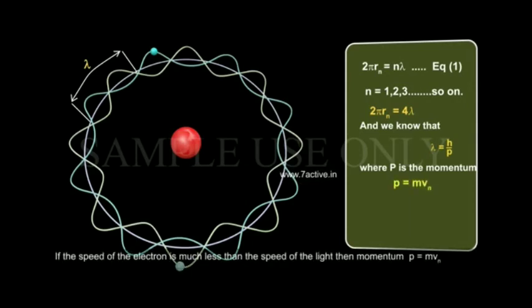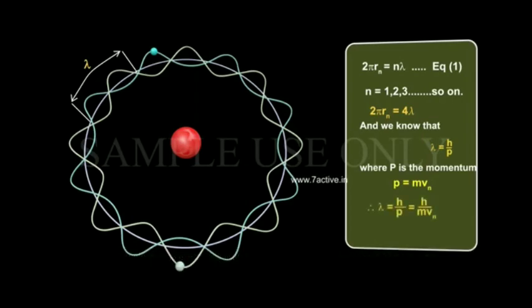If the speed of the electron is much less than the speed of light, then momentum p = mvn. Therefore, λ = h/p = h/mvn. And we know that 2πRn = nλ = n h/mvn.